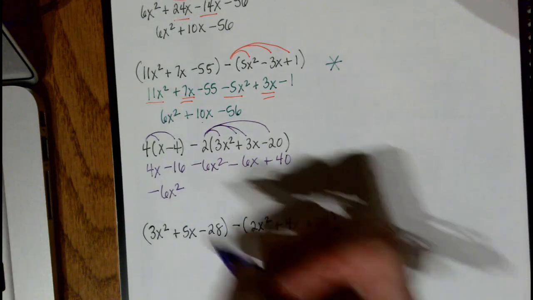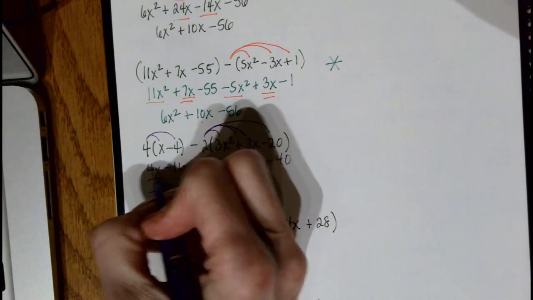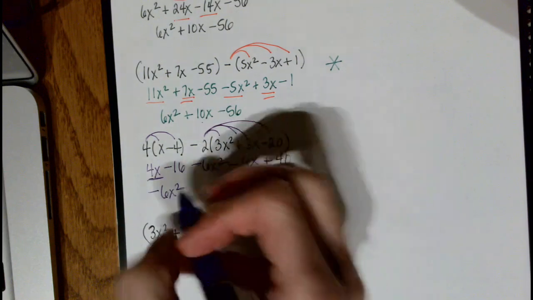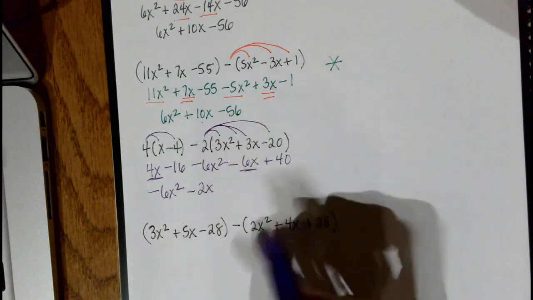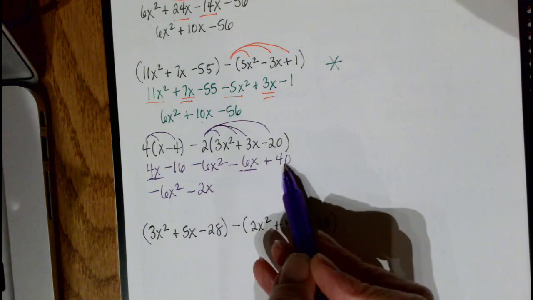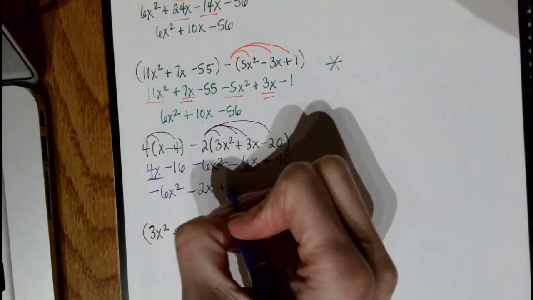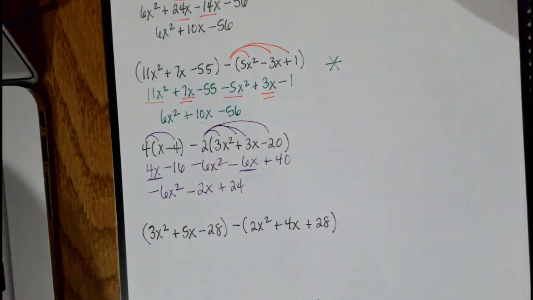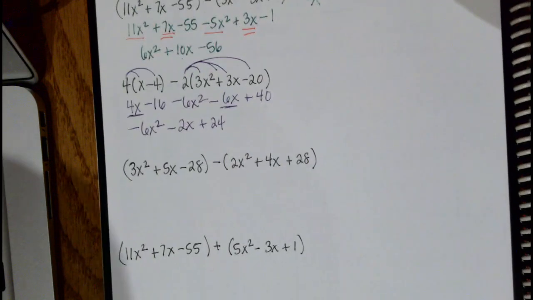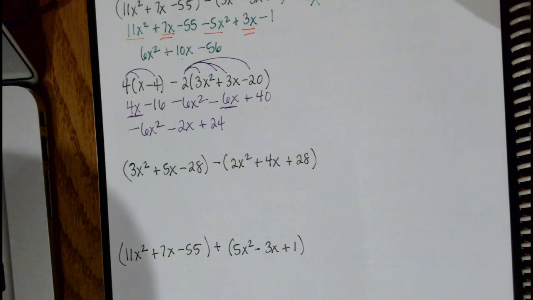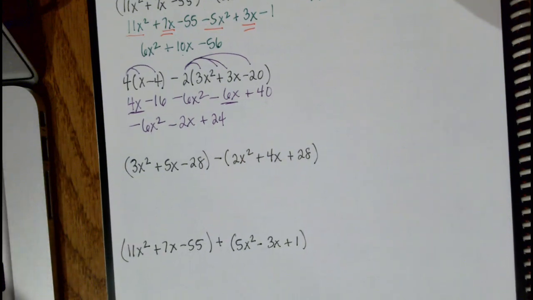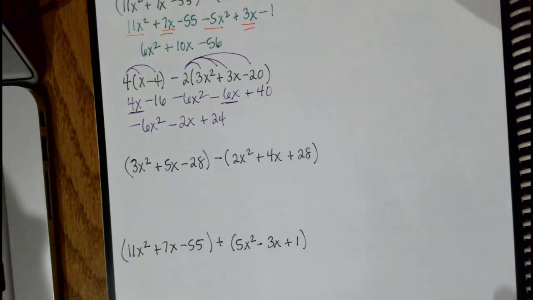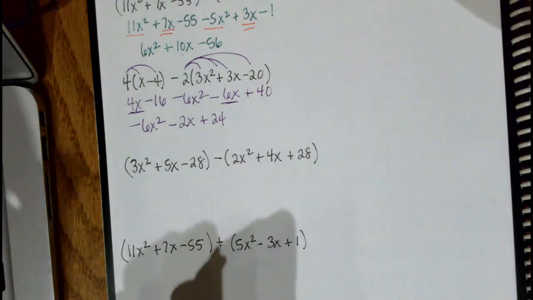If you did want to know the rest of the answers here, 4x and negative 6x would give us negative 2x, and then negative 16 plus 40 would give us 24. Again, not the answer.